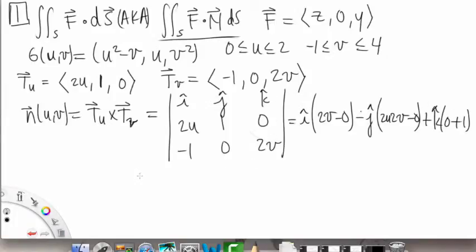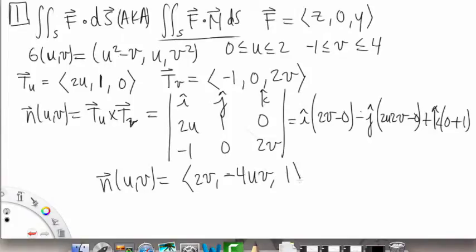So our normal vector as a function of u and v is going to be 2v, then negative 4uv, and then a positive 1. Okay, so that's our normal vector.